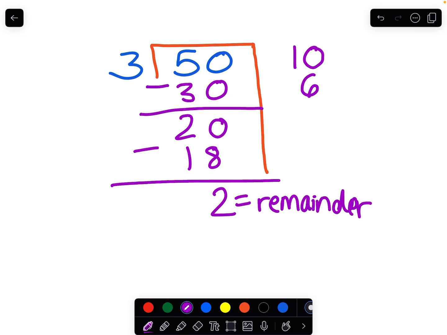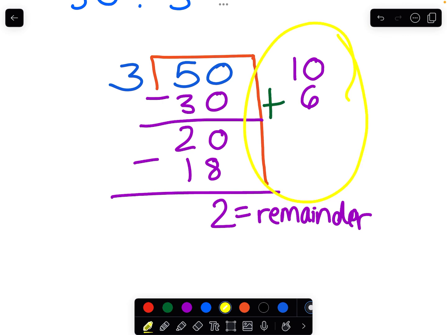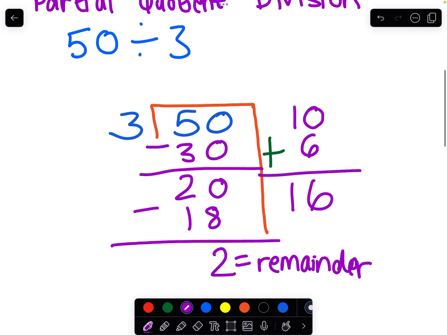But what's the quotient? What goes up here? Well, this is where it gets interesting. What I am actually going to do is add everything I've written in this part, all these numbers that I multiplied 3 by. I'm going to add them all together. I know 10 plus 6 is 16. And guess what?